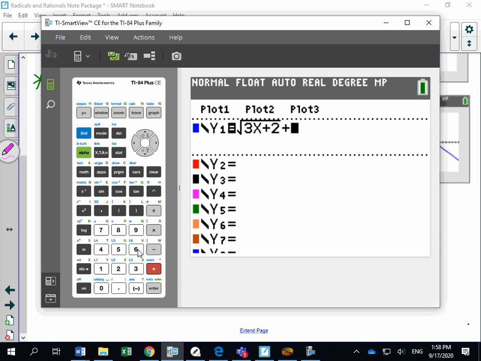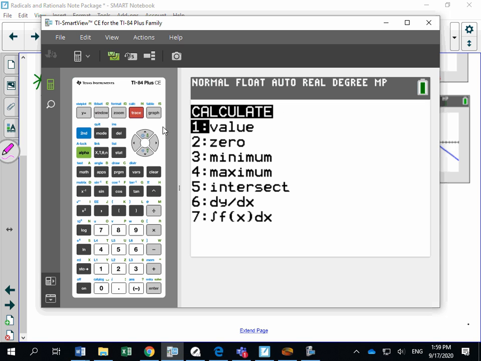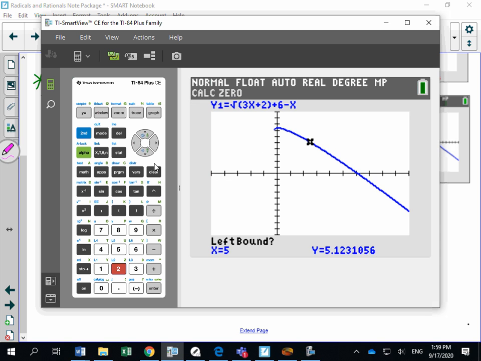Then we needed to add an x, so make sure you scroll outside of the radical. We need to add an x, add a 6, and subtract an x. Now when I graph this, the solution when you've brought everything to one side is you're finding what the 0 is. And the 0 is essentially another word for the x-intercept. So second function, calculate, and we're looking for number 2, which is a 0.